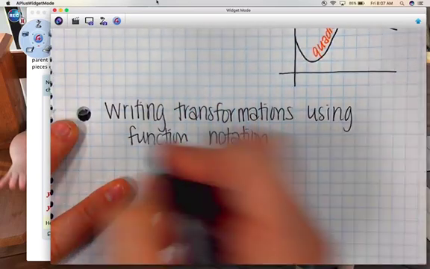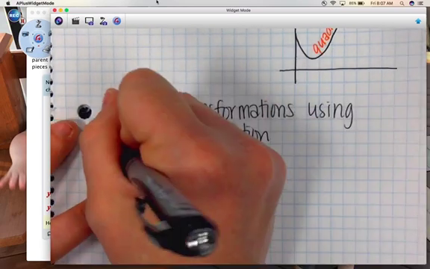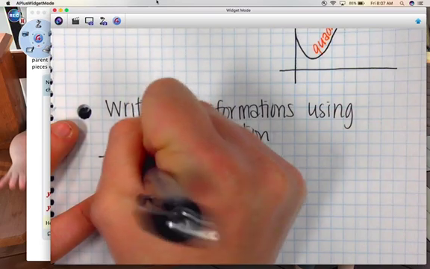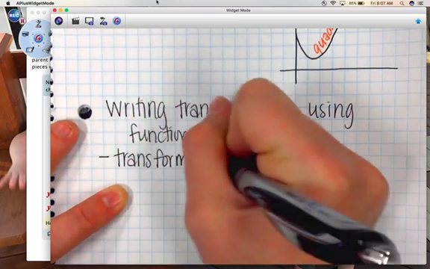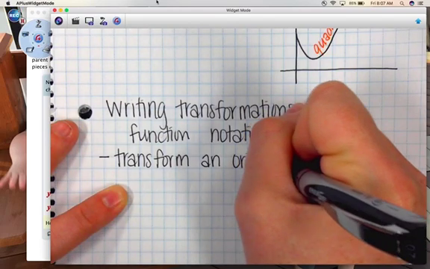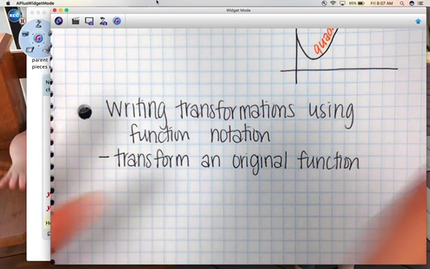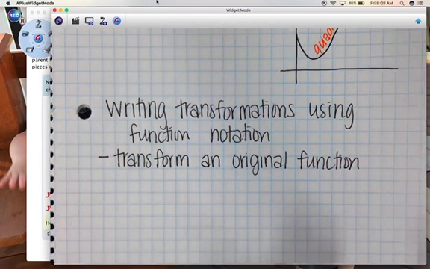Okay, what that means, and the reason we use function notation, is to say how to transform an original function. So on that one that you just looked at, it was moving the original. That's why we put the f.